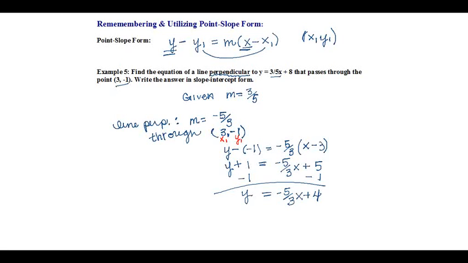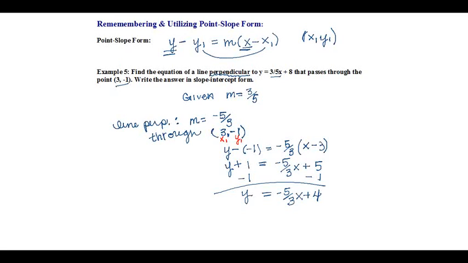When we plug this into point slope form using our 3 and -1 as our x1, y1, we get y minus -1, and it's fine if you write it like that, but I really want you to start thinking that anytime you see minus a negative, that's really plus, which you'll see in the next step. That way we don't get confused with our sign errors and our parentheses. Let's just automatically think minus a negative is plus. So y minus -1 equals, filling in -5/3 for m, times the quantity x minus 3, where we're filling in 3 for x1.